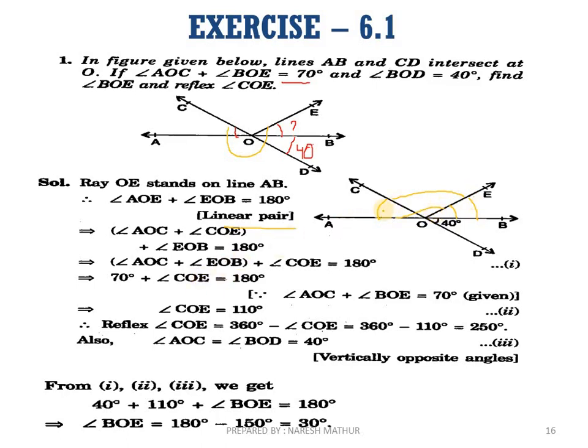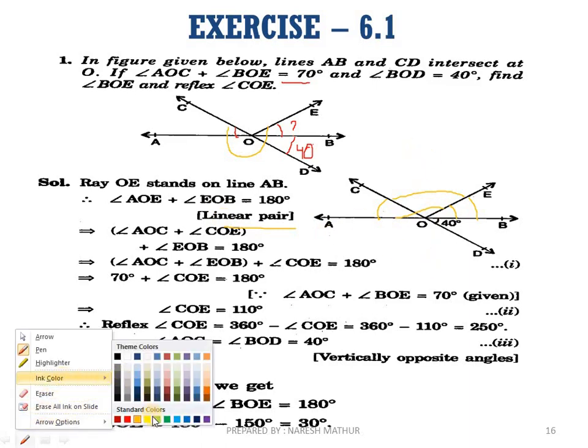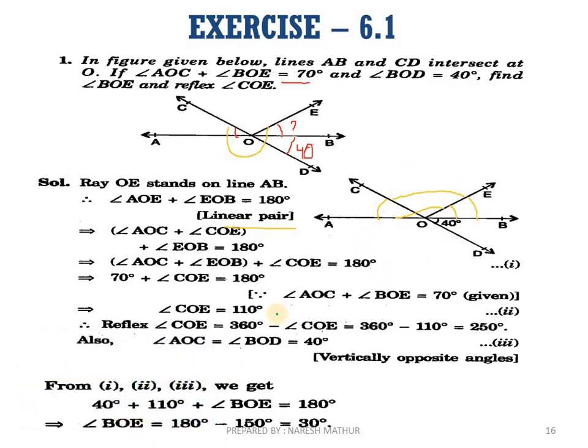Out of the three angles, the sum of two angles is given as 70 degree, so the angle COE would be 180 minus 70, that is 110 degree. Clear till yet? As the sum of this and this angle is 70, then the rest is 110 degree.